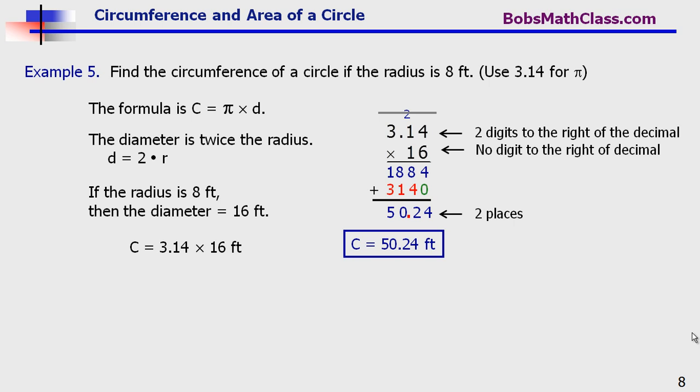So 50.24 feet. Okay, so that's finding the circumference of a circle. If they give you the diameter, just use that number for D. If they give you the radius, first you have to multiply it by 2, and then multiply it by pi.